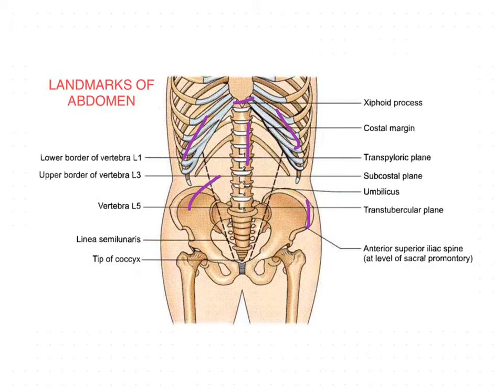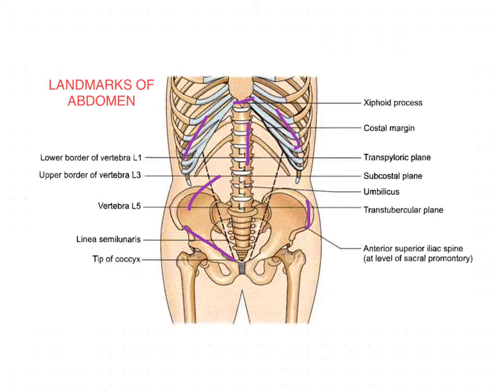Actually this inguinal ligament extends from the anterior superior iliac spine to the pubis. Okay, so this abdominal wall can be divided into two sections. One is the anterior abdominal wall. Normally this anterior abdominal wall we have to describe exactly as anterolateral.